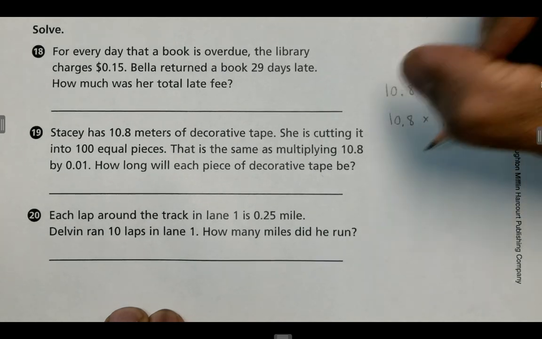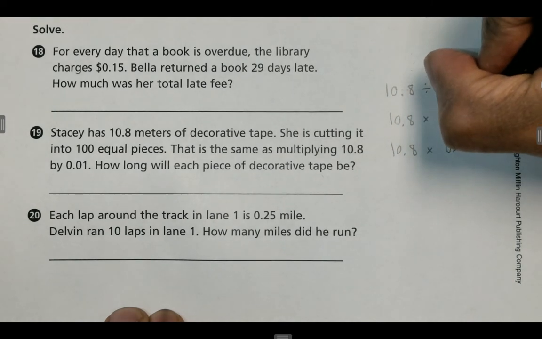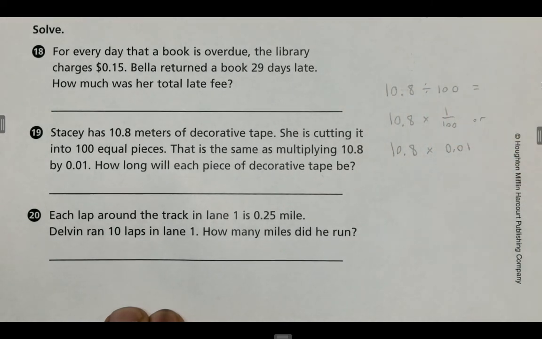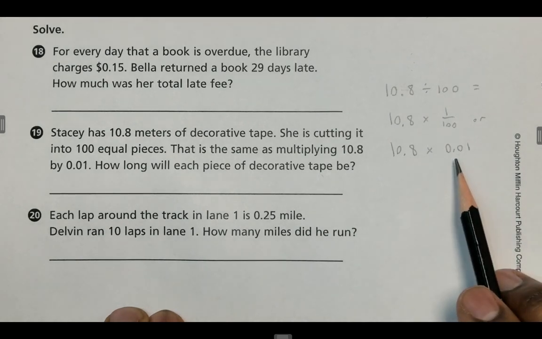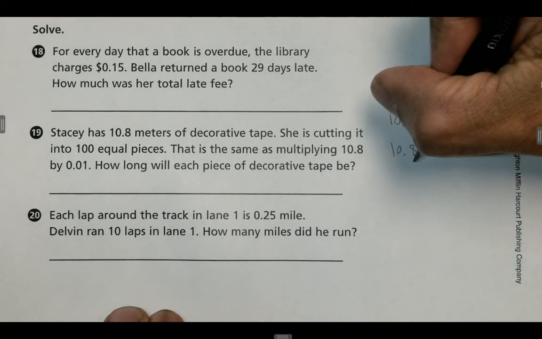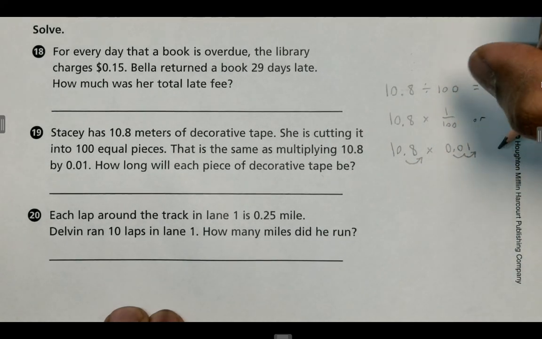Or show that fraction as a decimal. 10 and 8/10 times 100. This is exactly what we've been practicing. Let's count our pushes. Whoop, whoop, whoop. 3 pushes altogether.